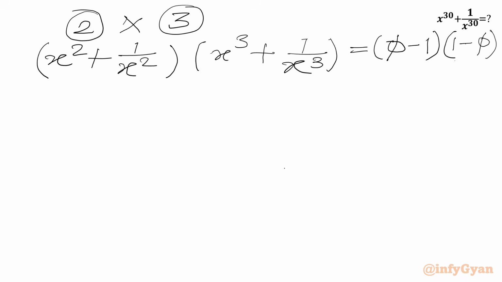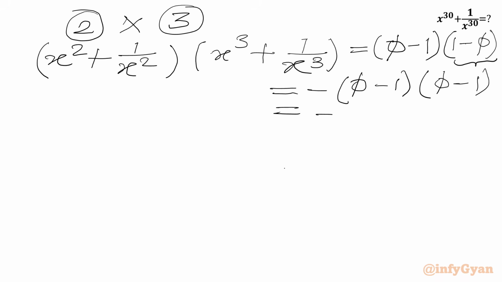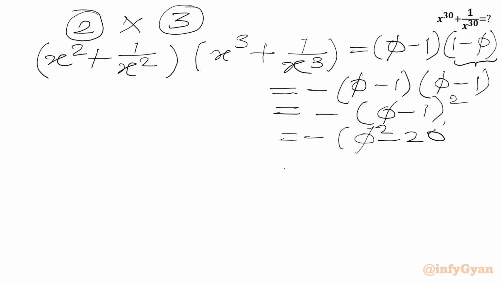Now we are going to take minus common from this bracket. So I can write minus of (√5 − 1) times (√5 − 1) will be equal to minus of (√5 − 1) whole square. We can use the (a − b) whole square formula and we will write 5 − 2√5 + 1.